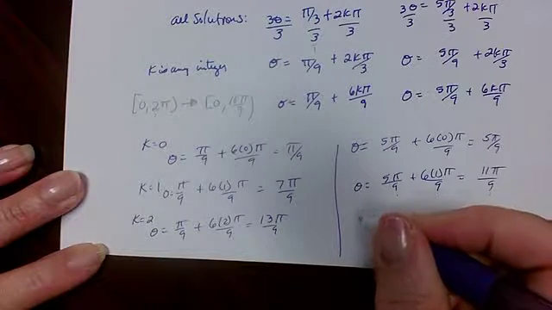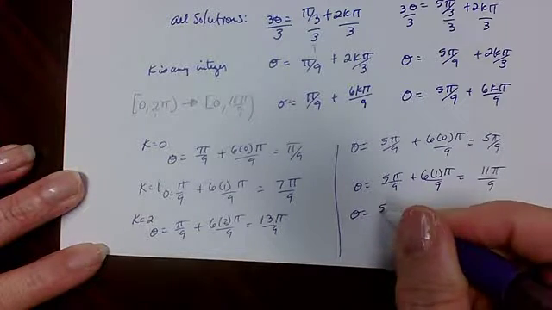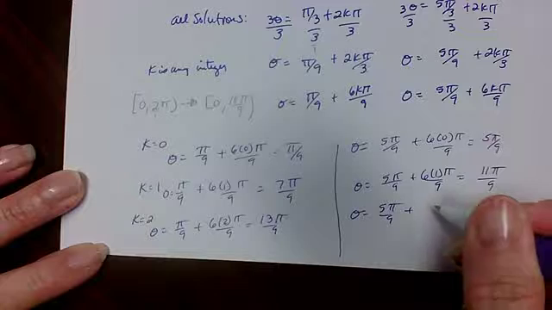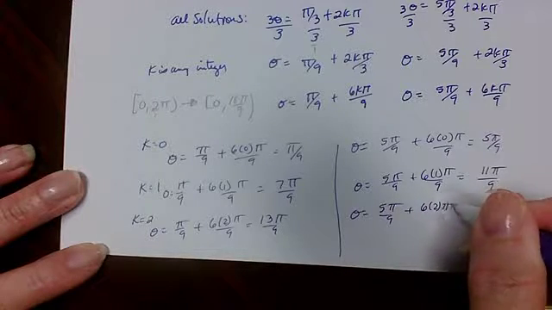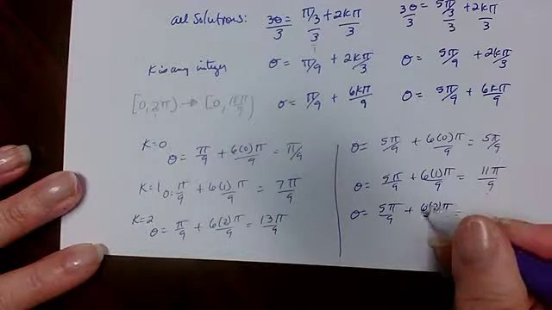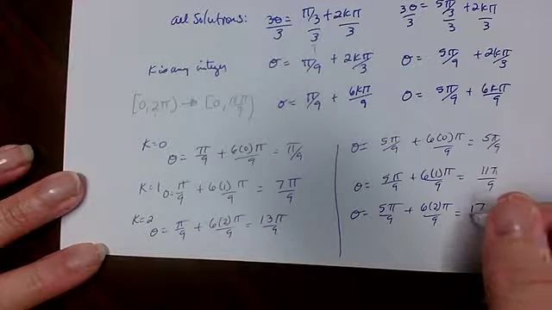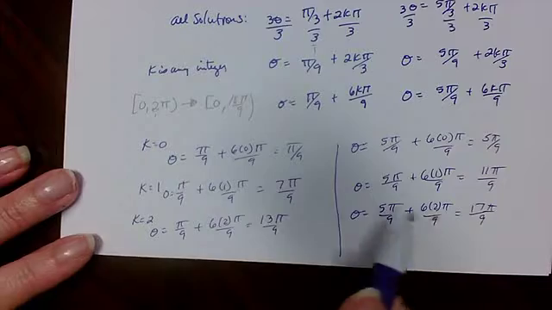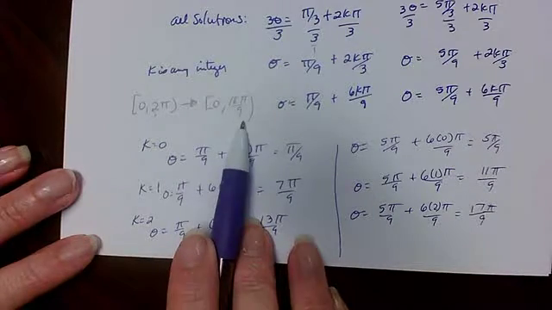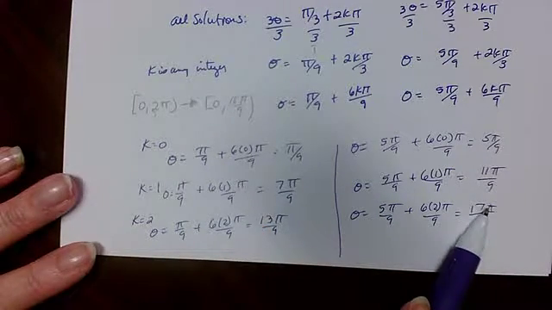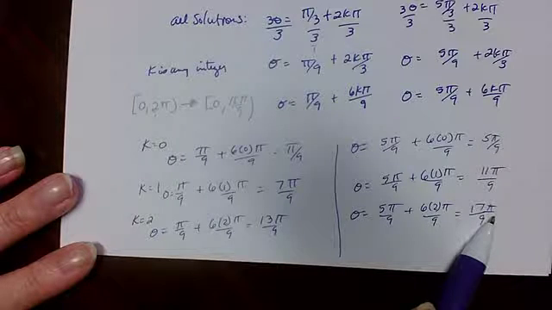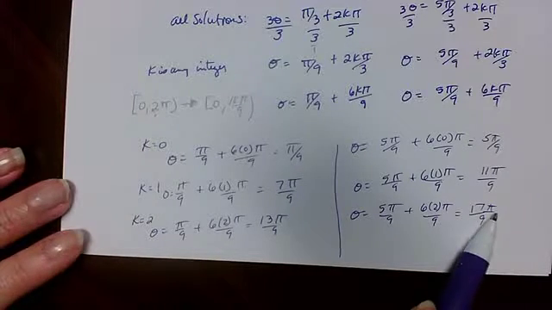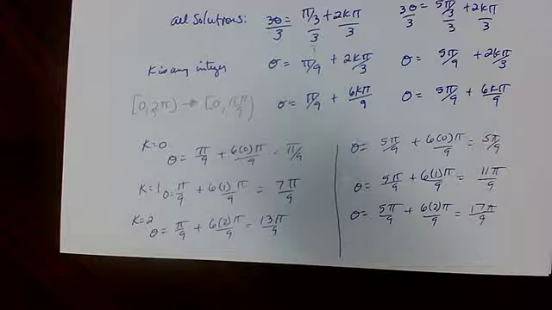And over here we get theta is equal to 5 pi over 9 plus 6 times 2 pi over 9. So that again is 12 plus 5 is 17 pi over 9. Well, 17 pi over 9 is really close to 18 pi over 9. If I tried to go any further, I would end up over my limit. So this is the end of my possible solutions.